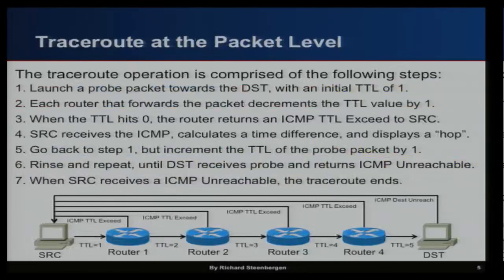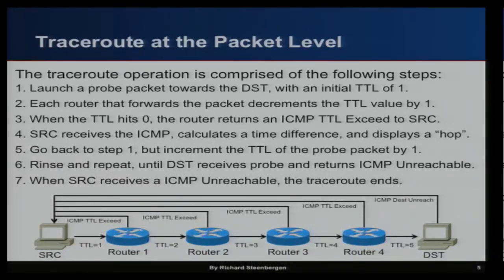So let's look at traceroute, how it actually works at the packet level. So the very first step when you're doing a traceroute is to launch a packet towards the destination with a TTL value of 1. And what happens is every time a router receives a packet and forwards it, it decrements the TTL value. Once it gets to 0, the router drops the packet and returns an ICMP message. So that's step 2.